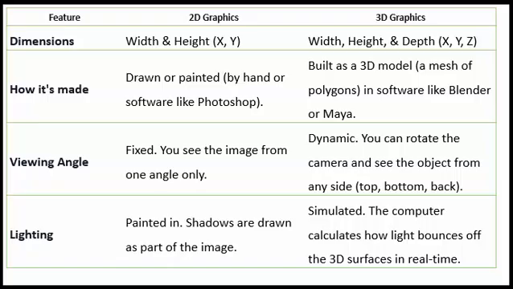In 2D, shadows and highlights are usually part of the image itself. In 3D, the computer can calculate how light interacts with the surfaces of the object in real time.